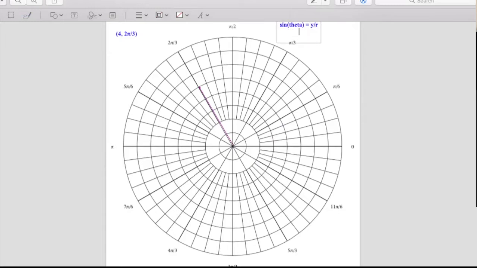And tangent of theta is the slope, and that's equal to y over x. Okay, so that's one set of things to remember.